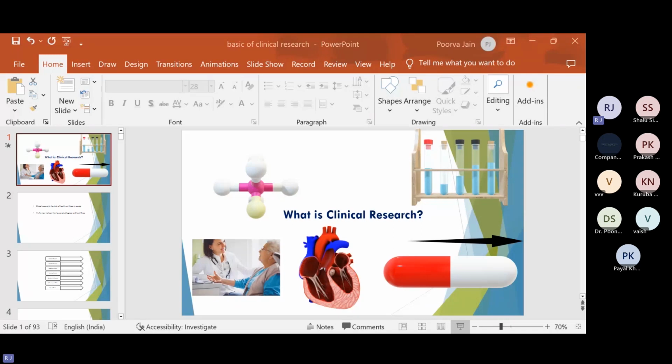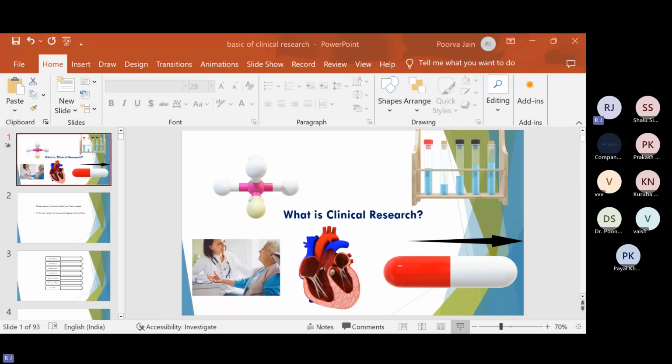Then the next one is epidemiological studies. Epidemiological studies means we try to identify the pattern of a disease. For example, recently we have seen COVID, right? Whatever research was done related to COVID to identify the pattern, how it spreads, how people get COVID infection and all, those kinds of research come under epidemiological studies.